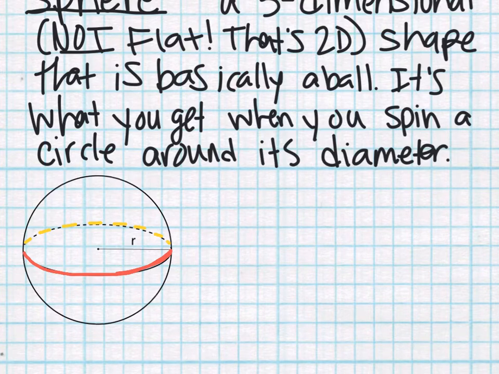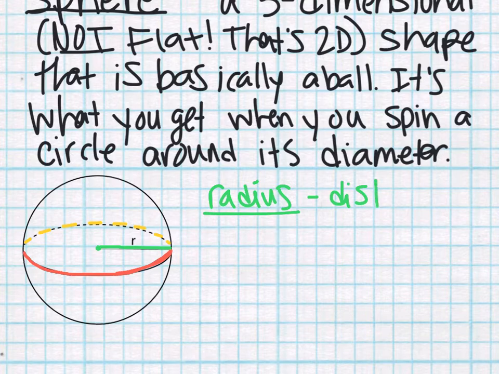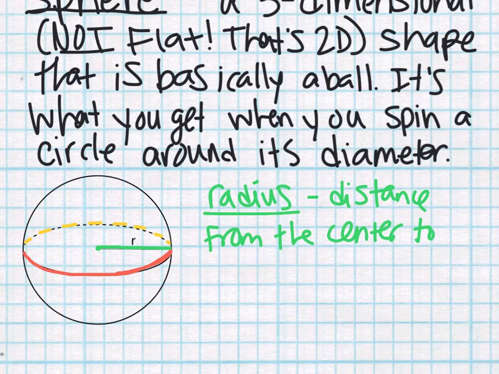Just like in a circle, the distance from the center to the edge of the sphere is called the radius. So the radius in a sphere and a circle is the same: the distance from the center to the outside edge.